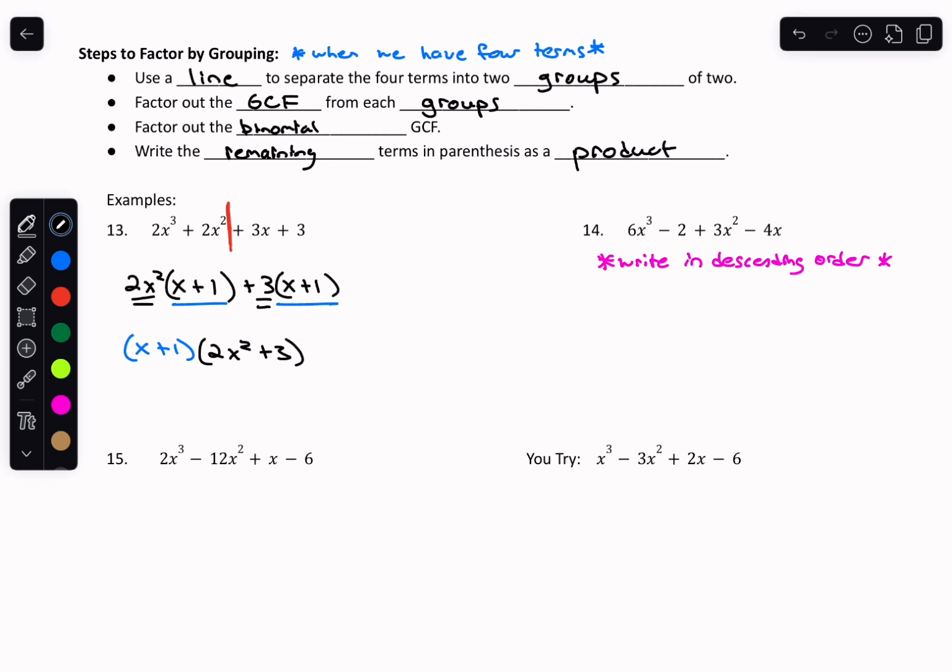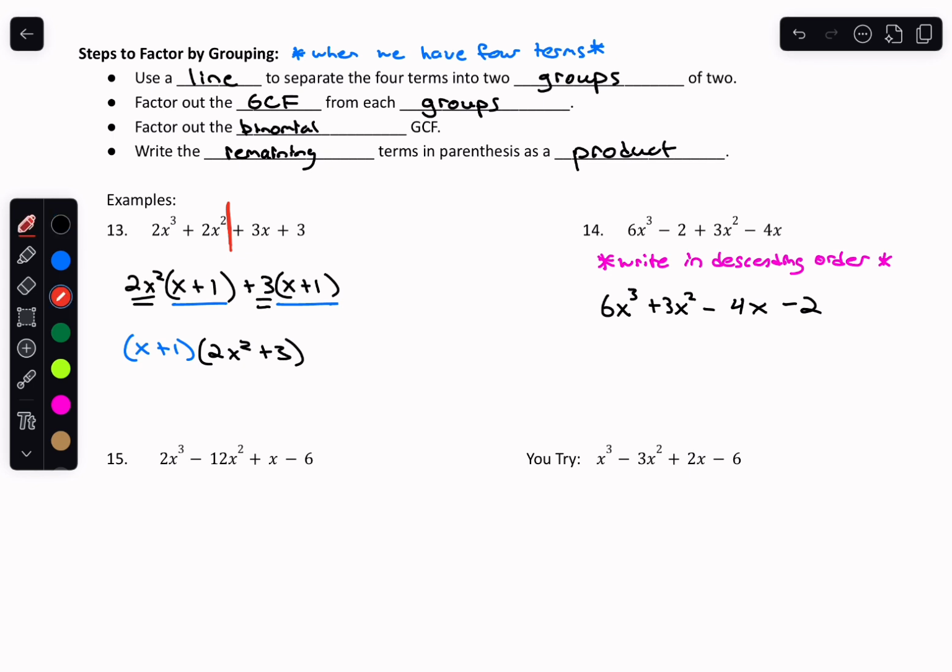So the first thing we're going to do is rewrite this as 6x cubed plus 3x squared, where I'm taking the next variable exponent down. So I'm going from x cubed to x squared and just moving it up to the front. Then minus 4x minus 2. So I'm putting the minus 2 all the way in the back because it does not have a variable.